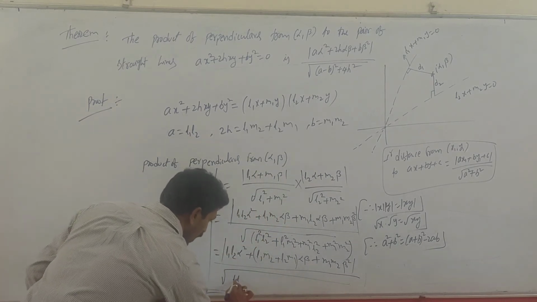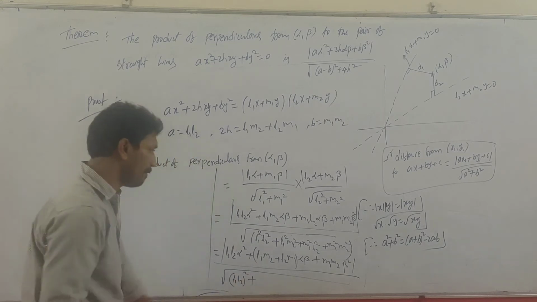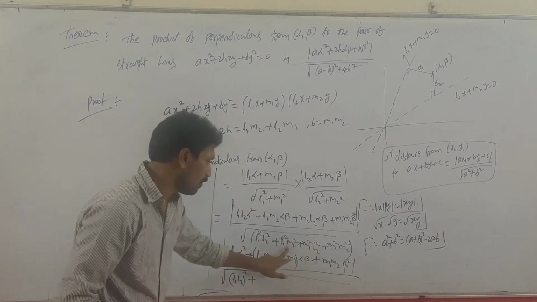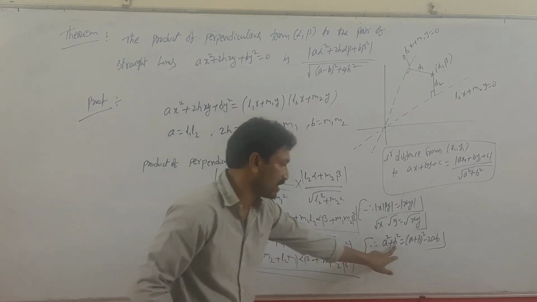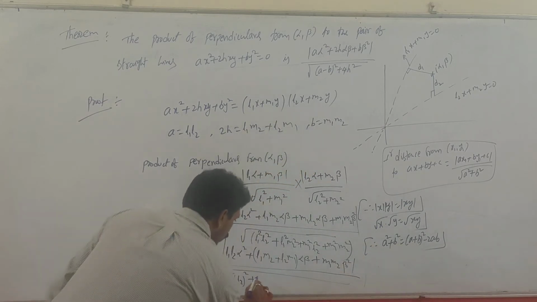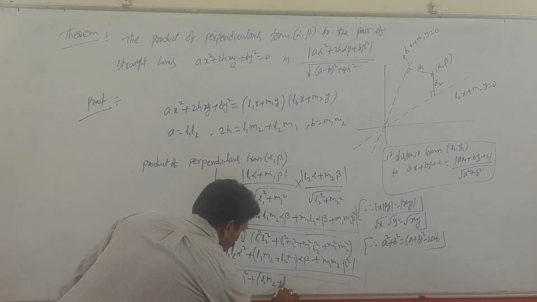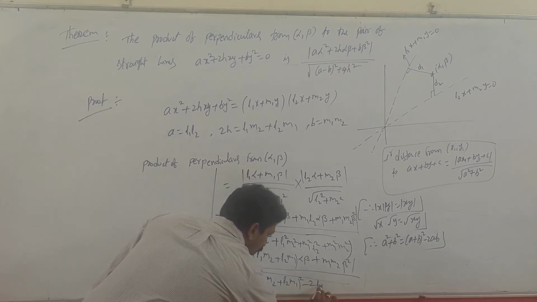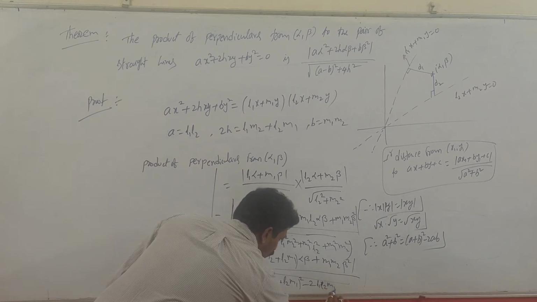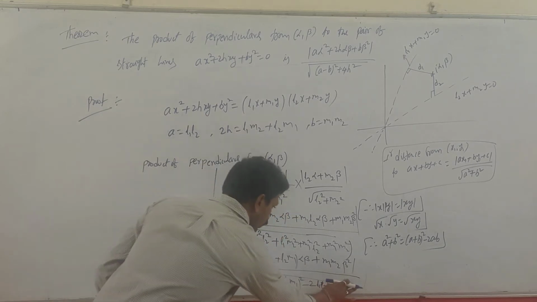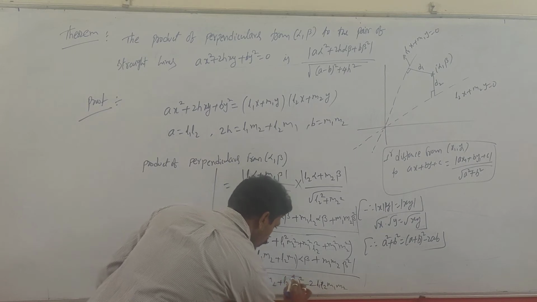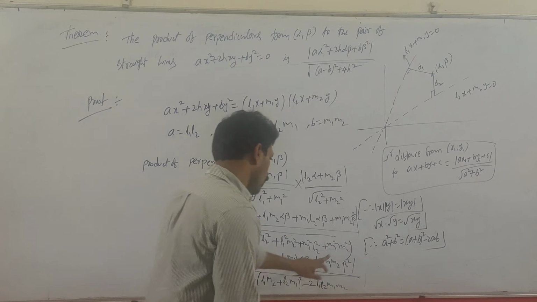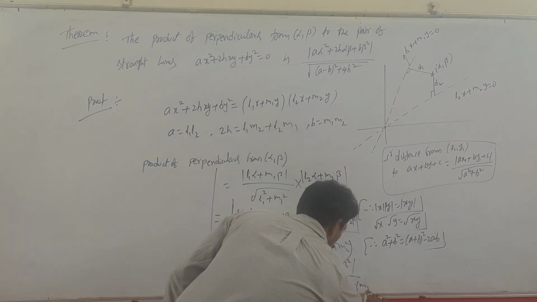You write L1 L2 whole square plus this one, L1 square M2 square plus M1 square L2 square, L1 M2 whole square plus M1 L2 whole square, like this, A square plus B square. A plus B whole square you can write, that is L1 M2 plus L2 M1 whole square minus 2 times L1 L2 M1 M2, plus we have moreover M1 M2 whole square.